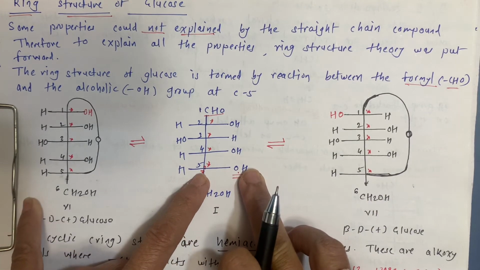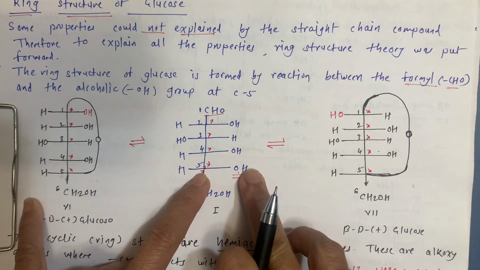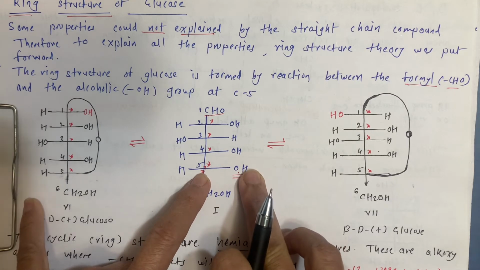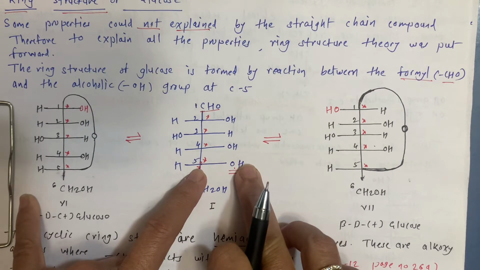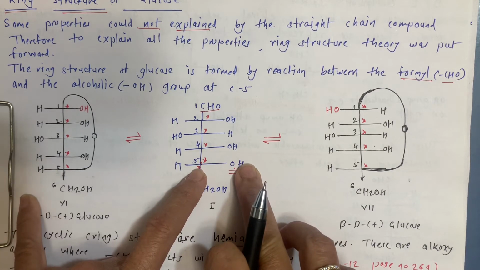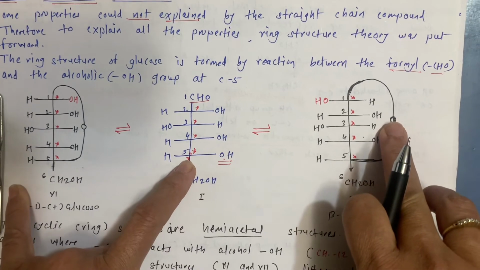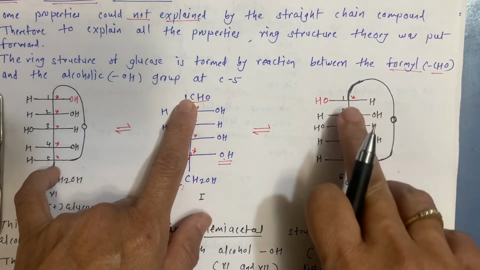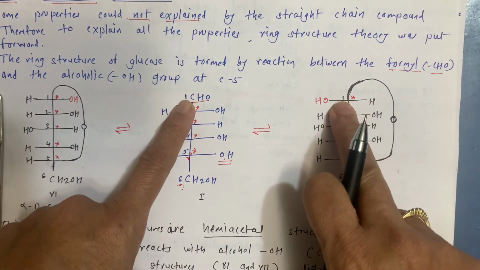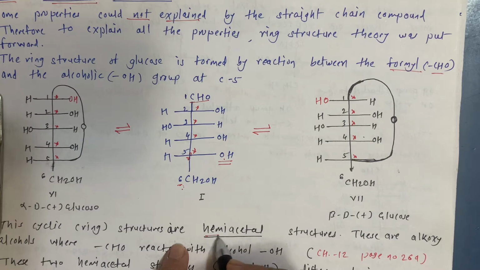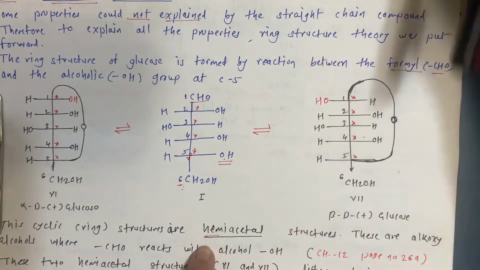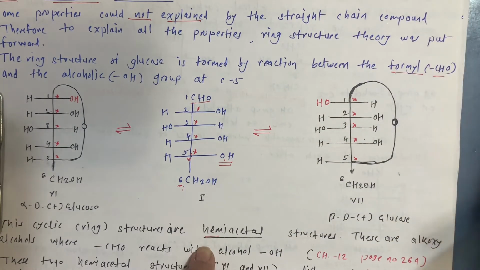How to form a ring? If you are more interested, then send me a personal message. I will show you how the reaction takes place here and the ring structure is formed. Now, this carbon is the first carbon, and as we studied in the chapter on aldehyde and ketone, there is formation of hemiacetal, which is nothing but alkoxy alcohol.